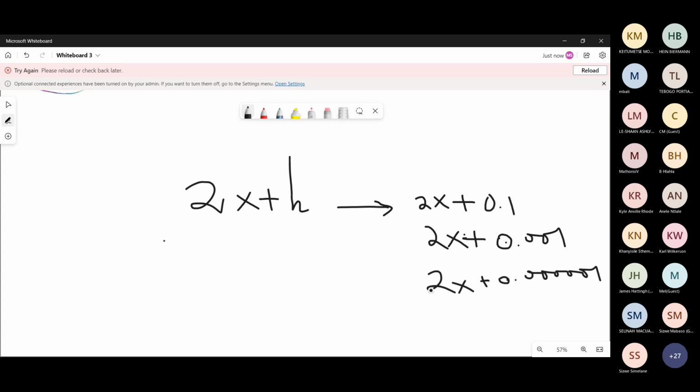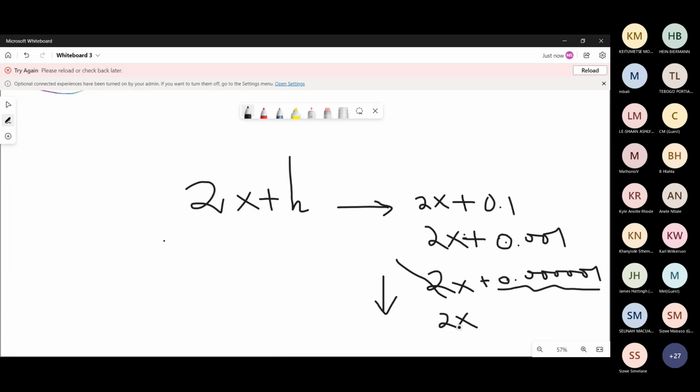At the end, what do we have? What we add to 2x is absolutely insignificant. And at the limit, we end up simply with the number 2x.